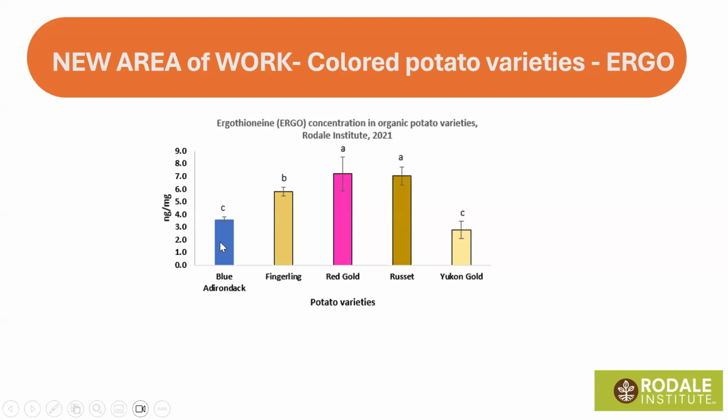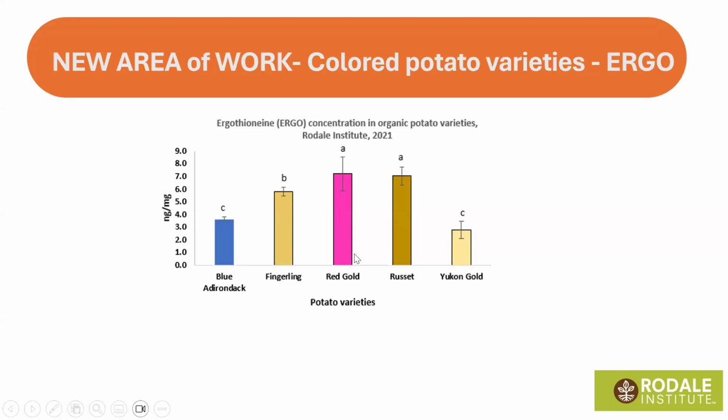And similarly, blue Adirondack, which has the blue skin and blue flesh, or nearly purple, has another nutrient, anthocyanin, that is the highest in this one, more than red gold or russet or Yukon gold, which in Yukon gold is not there at all.